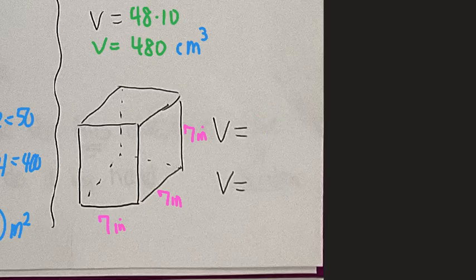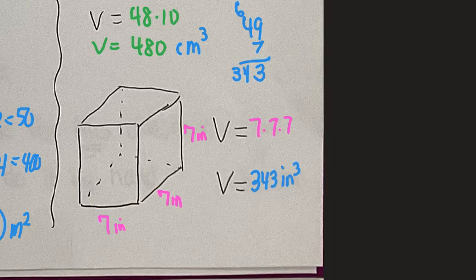So I think I'll go back to what I had the first time. And we've just got to multiply. Try to figure it out before I figure it out. 343 inches cubed.